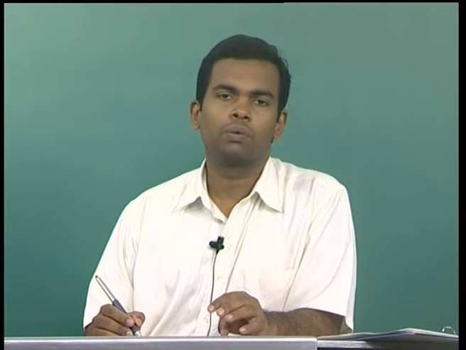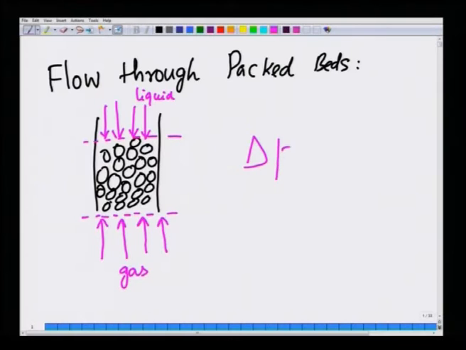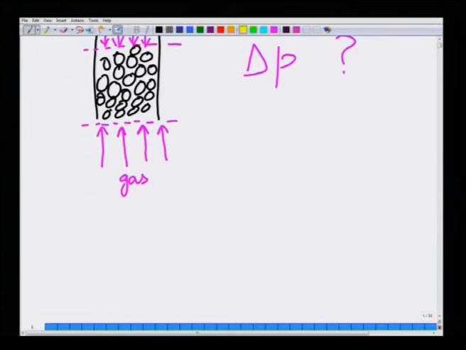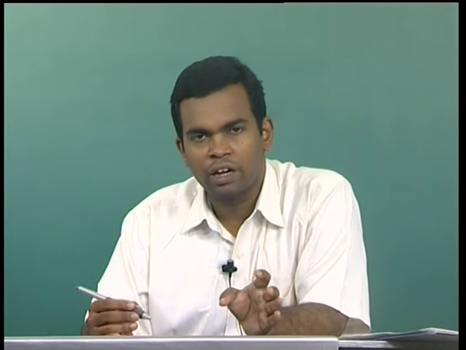But here we are not concerned with the mass transfer aspects of the problem, we are rather interested in the fluid mechanics aspect, namely what is the pressure drop that is required to make a fluid flow in such a packed bed. So, the model we had, well, before I go to the model, let me make a general comment that this flow process is extremely complex, because in principle if you want to solve it, you have to solve the Navier-Stokes equations with no slip boundary conditions on an innumerable number of particles, and each particle is arranged in a very random way.